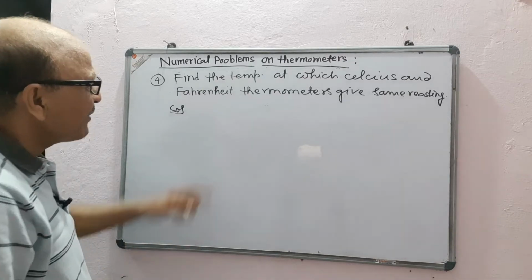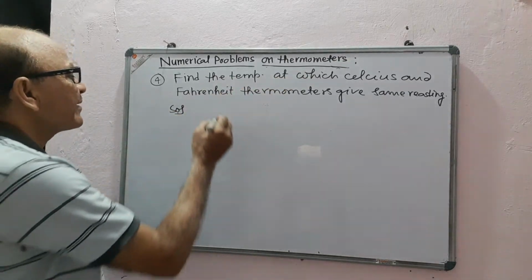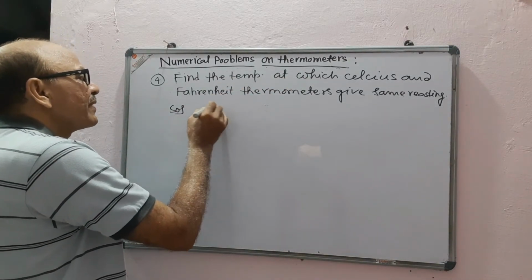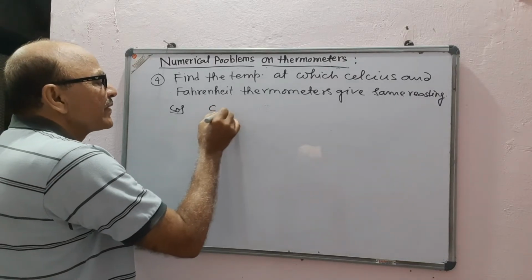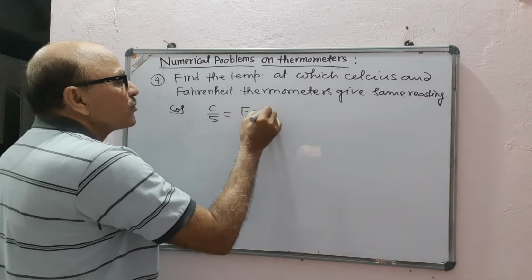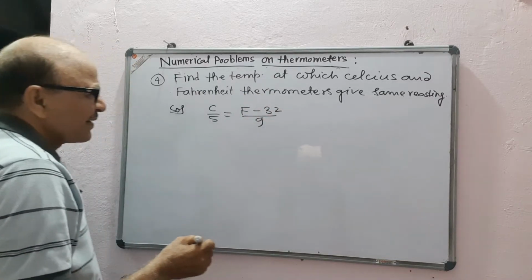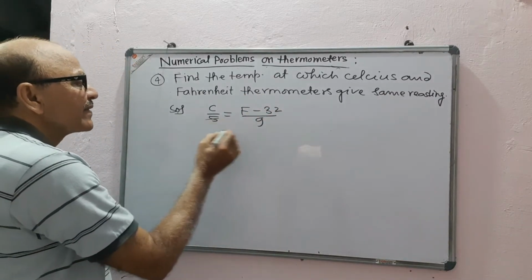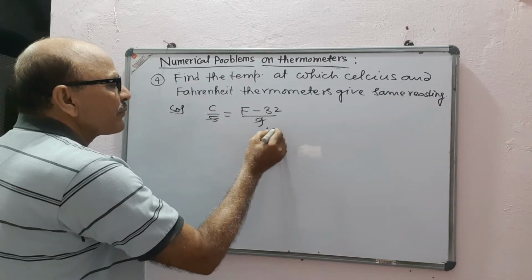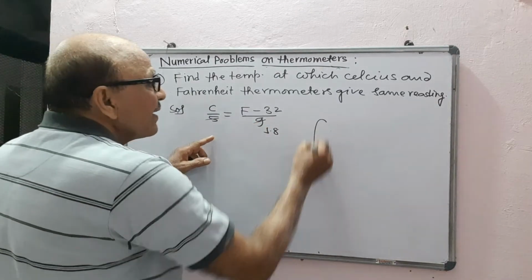Again you have to use the Celsius and Fahrenheit thermometer formula. C upon 5 equal to F minus 32 upon 9, or you can again use 1.8.